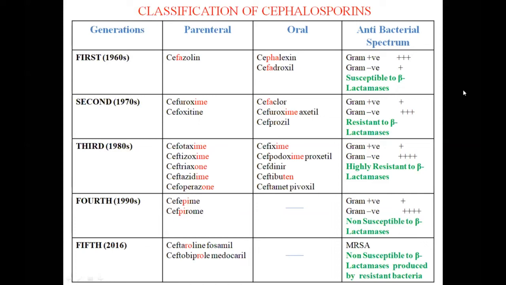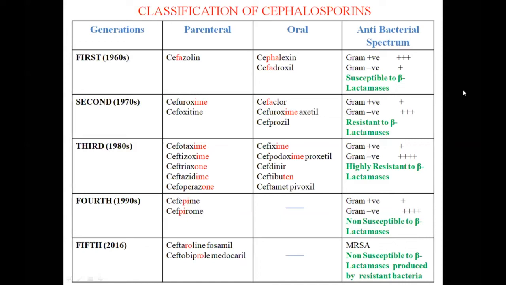See the antibacterial spectrum: they are more effective against the gram-positive, and also certain gram-negative organisms. And if you see the susceptibility to beta-lactamases, these first generation cephalosporins are susceptible to the beta-lactamase. Because some of them are susceptible to the beta-lactamases, we are in need of better drugs which should be resistant to the beta-lactamases.